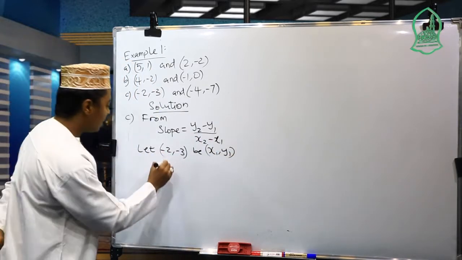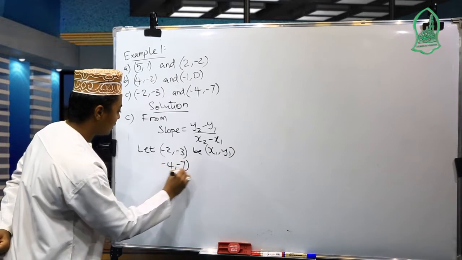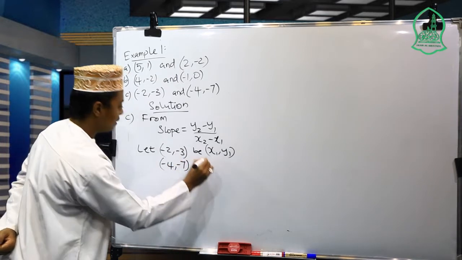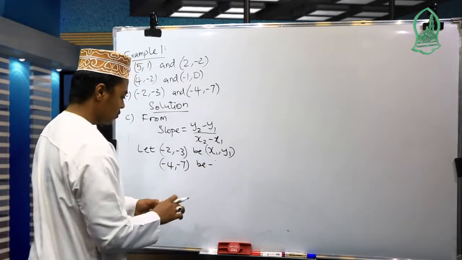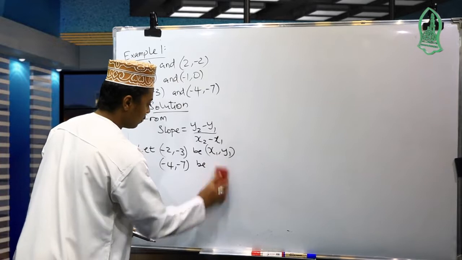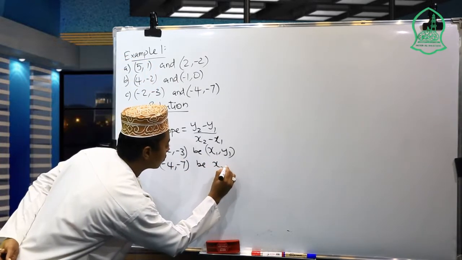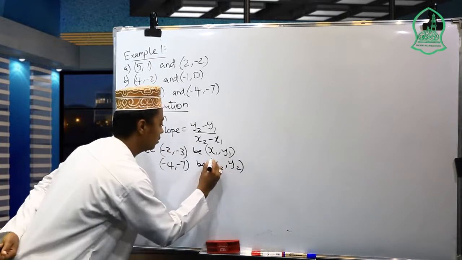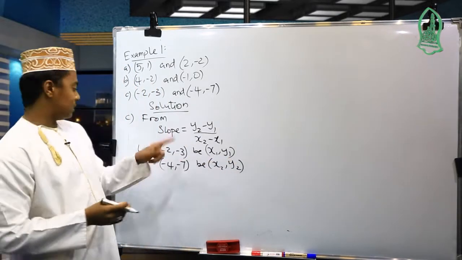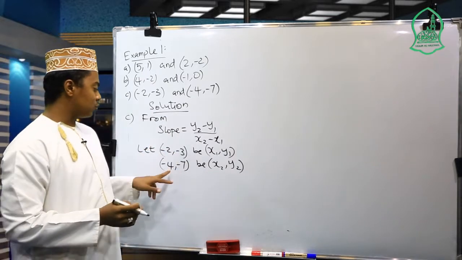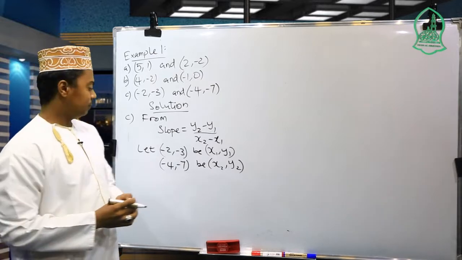Also we have another point, negative 4 comma negative 7, be x2 comma y2. So x1 is negative 2, y1 is negative 3, x2 is negative 4, and y2 is negative 7.